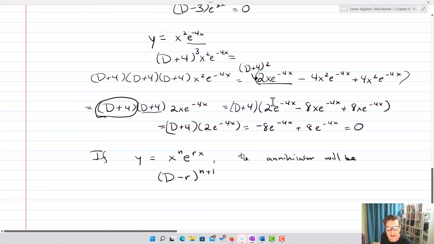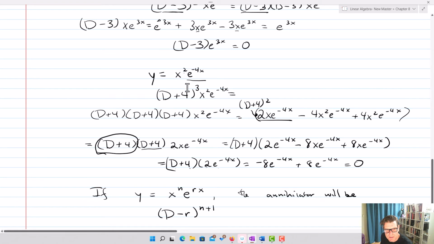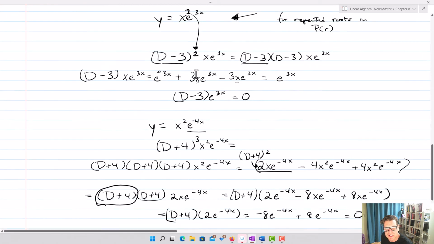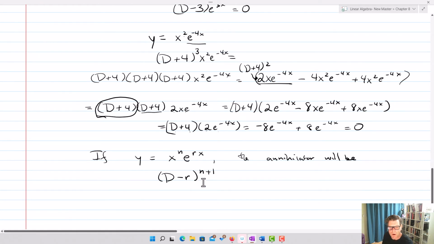Right? And you can see that in this case we had an x squared, so we needed the cubed. In this case we had the power of 1, we needed the squared. So we're going to get (d minus r) to the n plus 1, and that's going to be our A of D for y equals x to the n e to the rx.